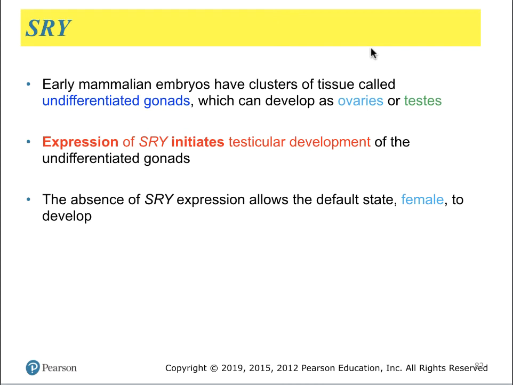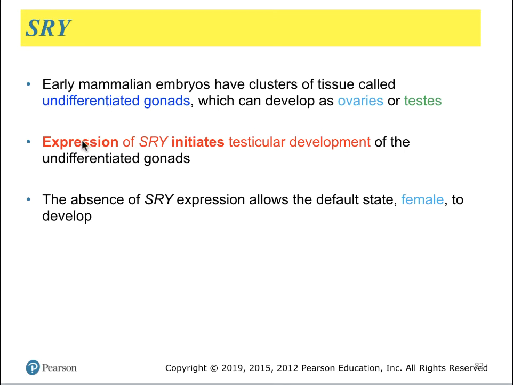It turns out that in these placental mammals, the embryo is a cluster of tissue with undifferentiated gonads, which can develop in the future into either ovaries or testes. The expression of the SRY gene initiates a program of development that turns this undifferentiated tissue into testes.